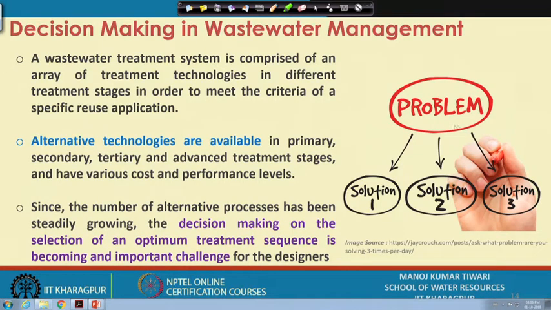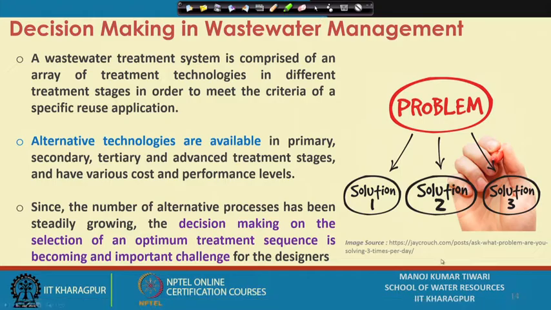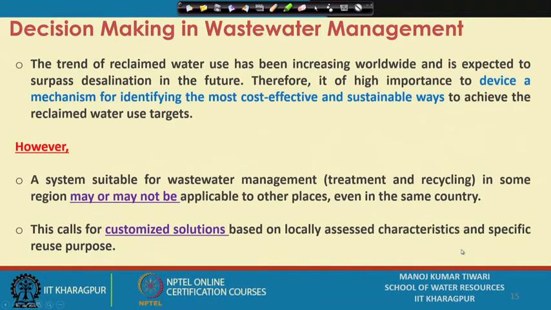If there is a problem of removing something, what are the solutions? There might be several alternate solutions, which solution is the best? How are we going to select one? That is basically called decision making, because one has to decide which one to select, and this decision making is often made based on a decision support system which derives information from various aspects.